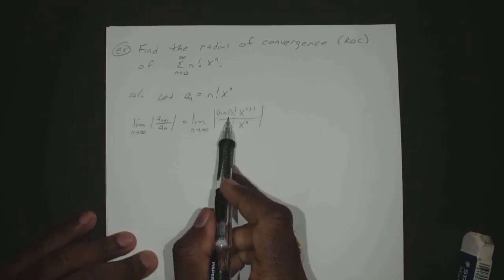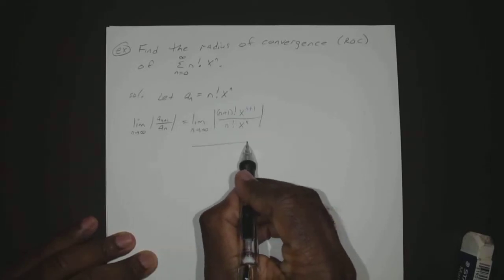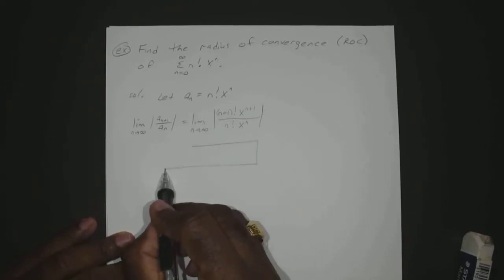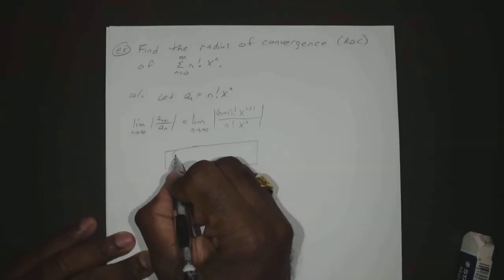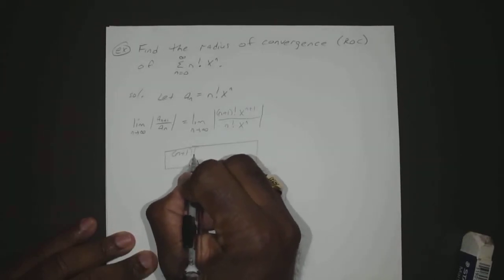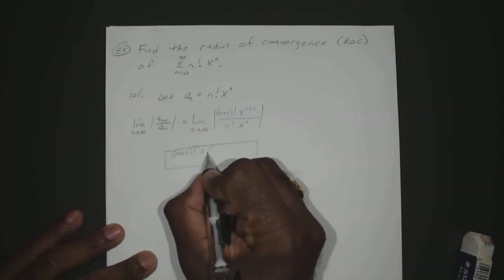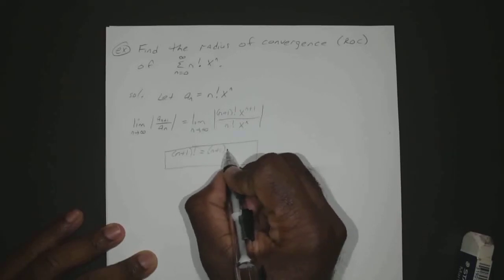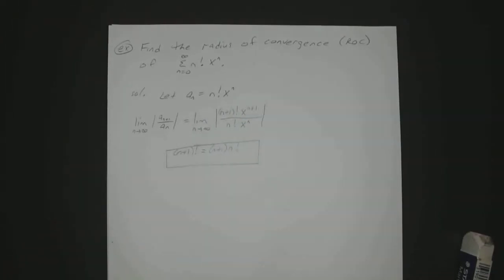Now, a little side note here: n plus 1 factorial is just equal to n plus 1 times n factorial.